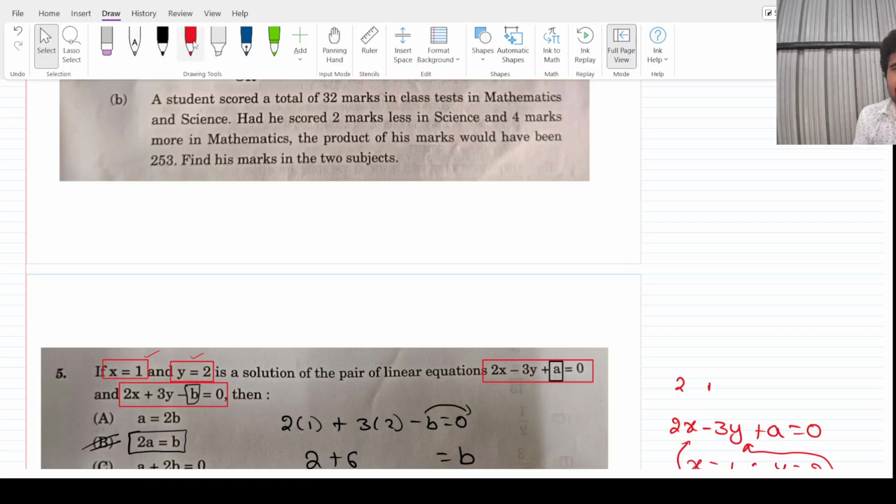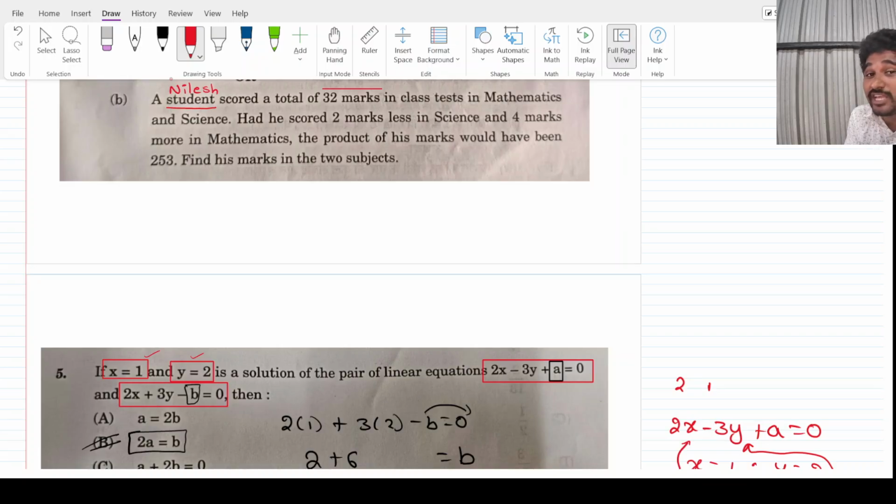Okay, there is a student. Who is that student? Let it be Nilesh. Scored a total of 32 marks in a class test of mathematics and science.